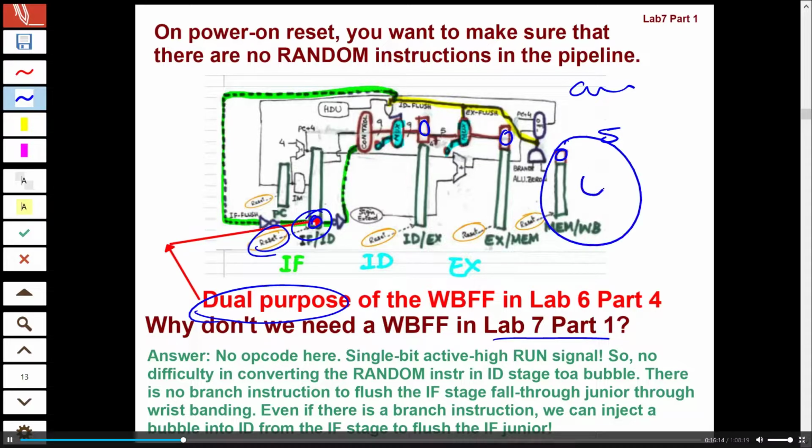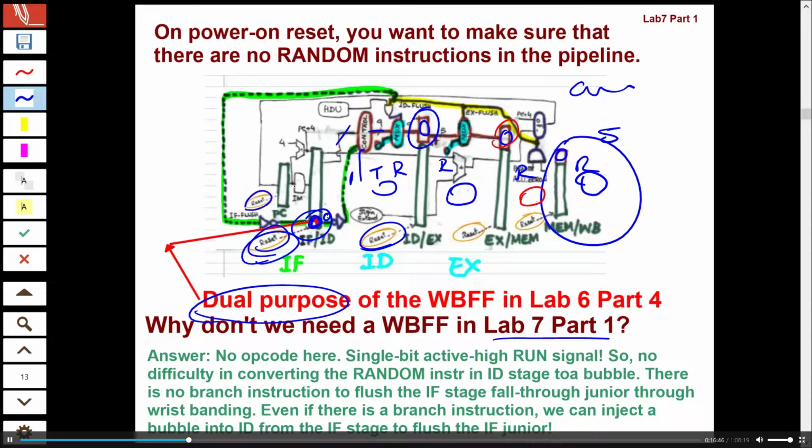This clear causes this bubble, and this clear converts this random instruction to a bubble, and depositing a 0 means telling the control unit to treat this guy as a bubble, ignore his opcode and produce 0s. So we avoid random instructions in these 4 stages in this fashion under reset.